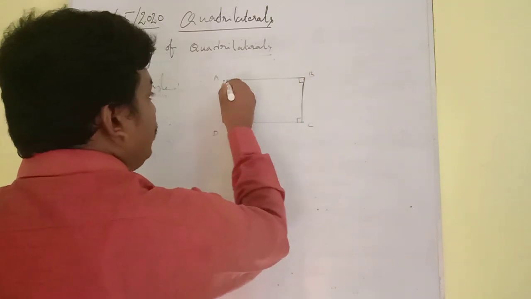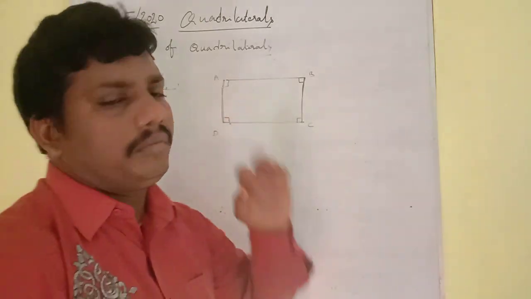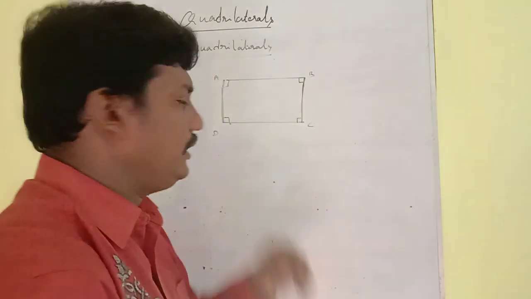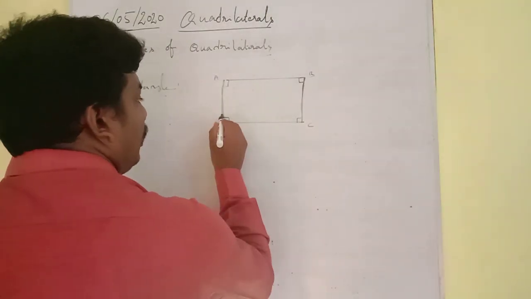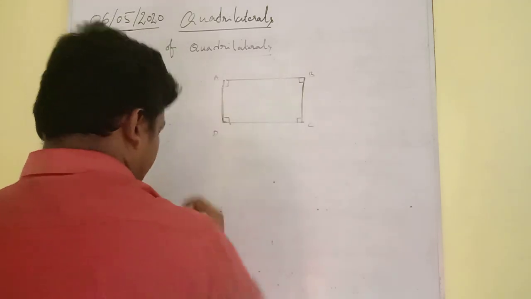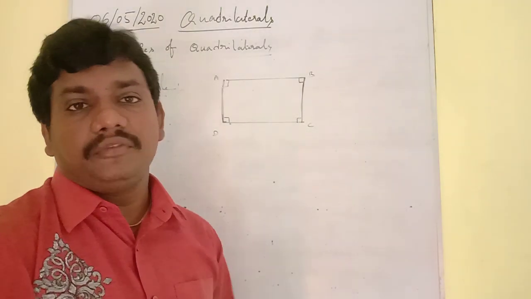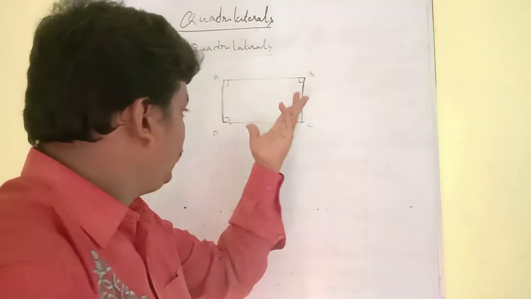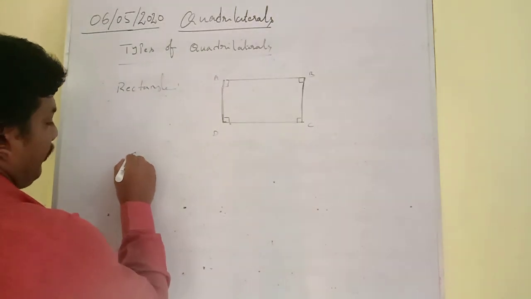The remaining parallelogram properties are satisfied by the rectangle also, but here each angle is 90 degrees. In a parallelogram it may or may not be 90 degrees. If in a parallelogram each angle is 90 degrees, then it is called a rectangle.